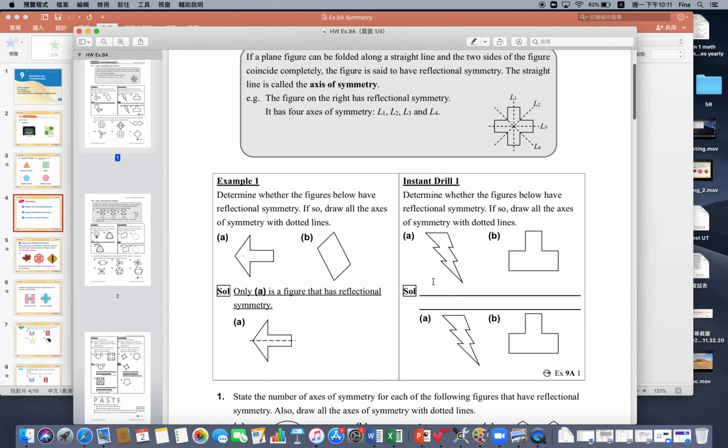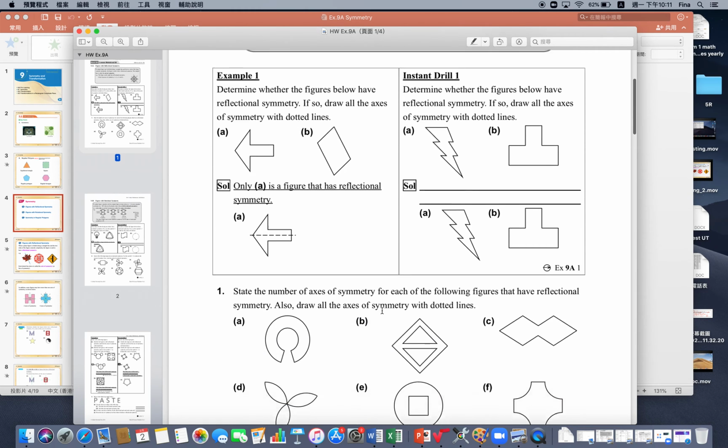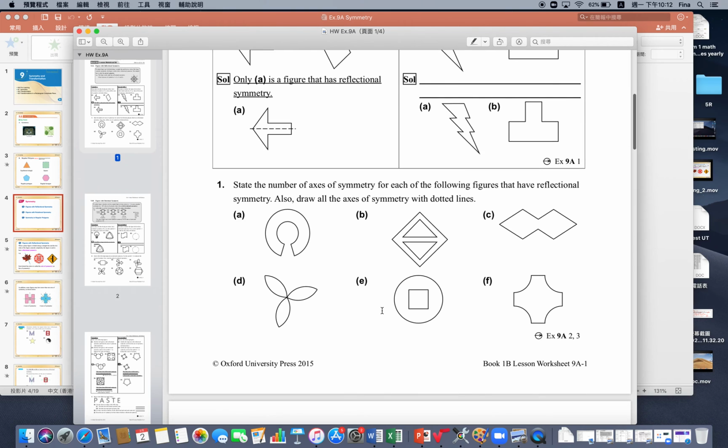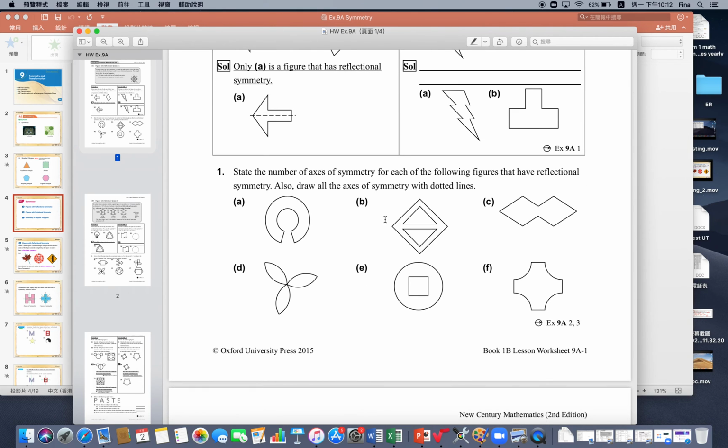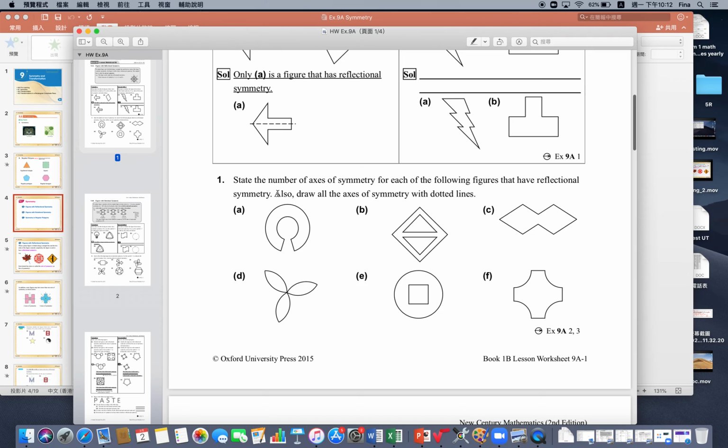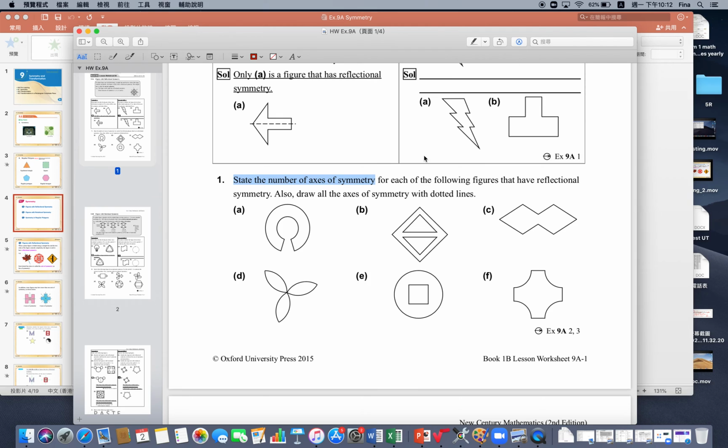Then you can do drill 1 easily. And I just want to remind you that for question 1, you have different jobs for different questions. For example, in question 1, you have to state the number of axes here.